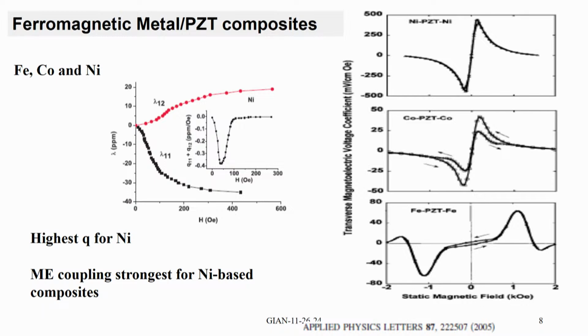So, the maximum value is around 500, and of course, the value drops down to 0 when you have saturation of the magnetostriction. Cobalt, the key observation here is when you increase the static field from 0, it peaks up, then it keeps decreasing as the slope goes down, and then it reaches near 0 value.